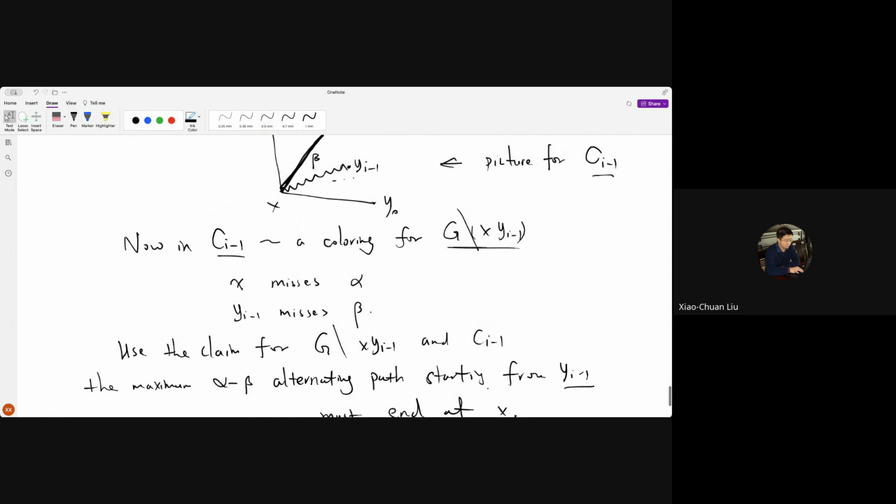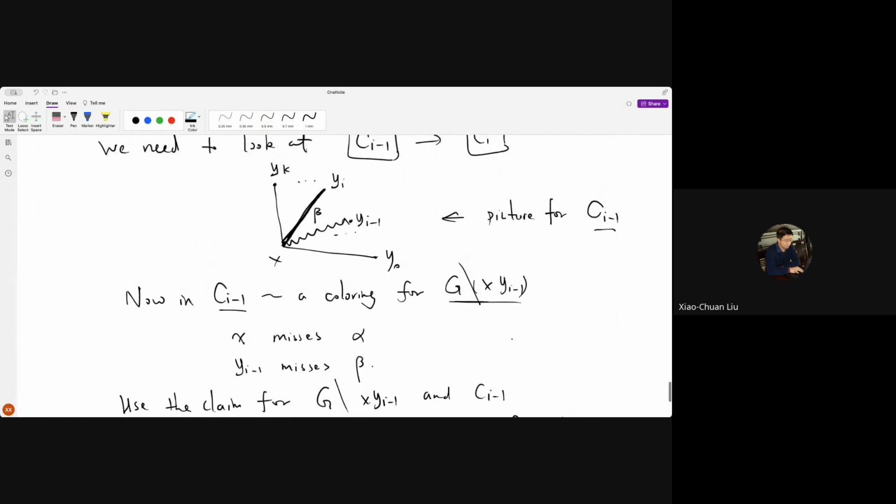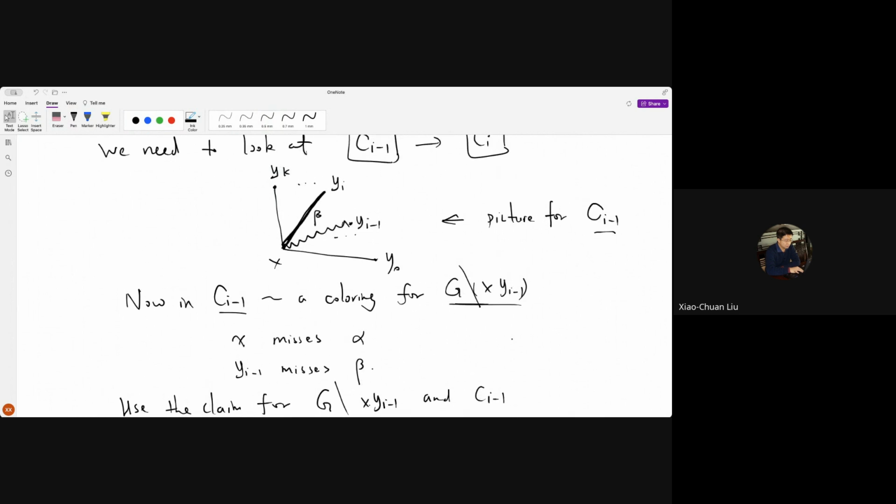Let me explain why. It's very subtle. It cannot, because it must be something like you start from alpha here, and you end into x using some beta.